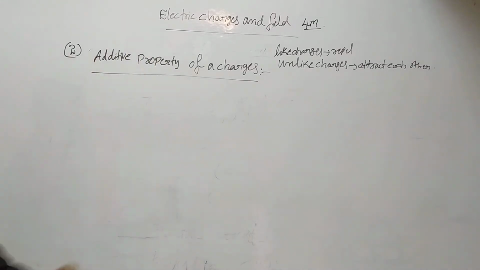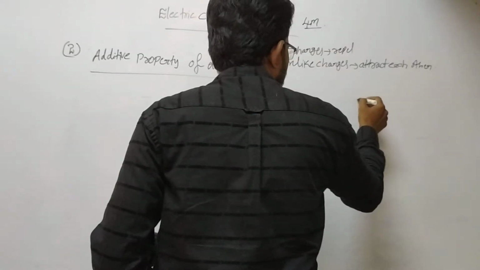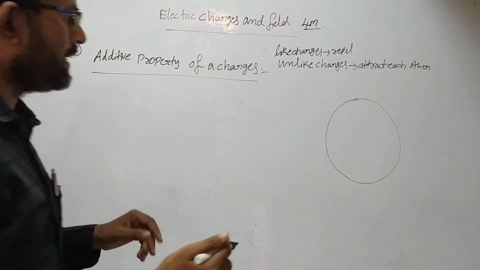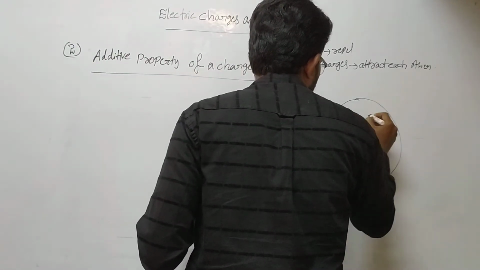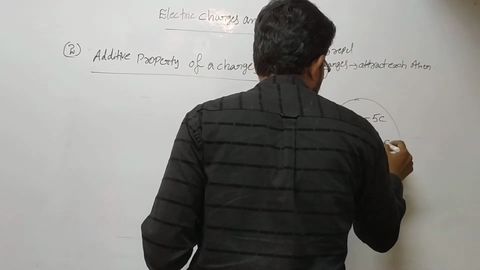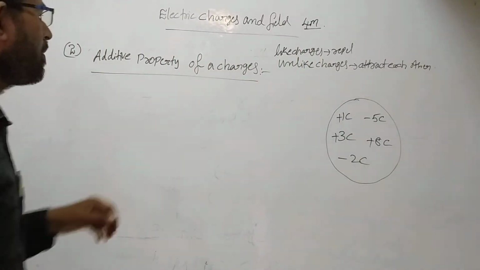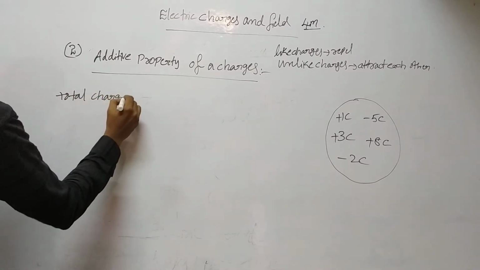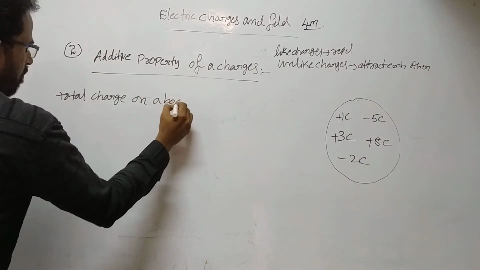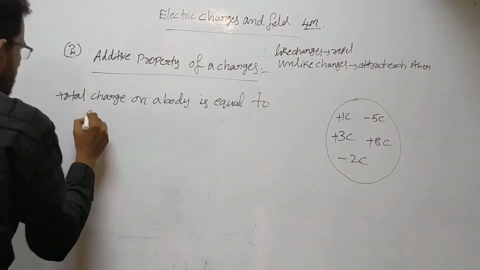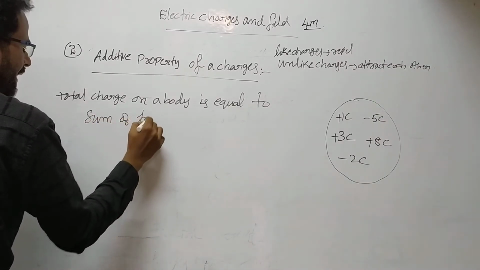Next property: the additive property of charges. Suppose you take one isolated body. The total charge on a body is equal to the sum of the individual charges.